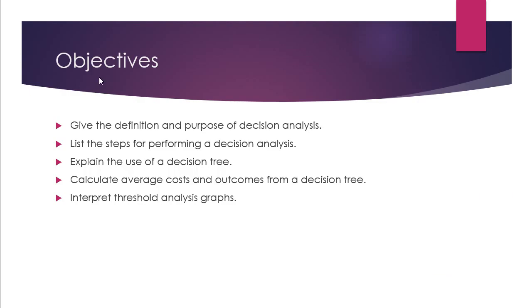So a few objectives based on chapter 9 in the prescribed textbook, 5 in total. I want to talk about a definition and the purpose of decision analysis that I've already just started briefly to introduce. The second is to list the steps for performing a decision analysis that are quite elementary.